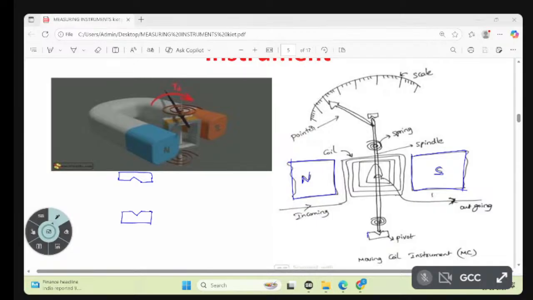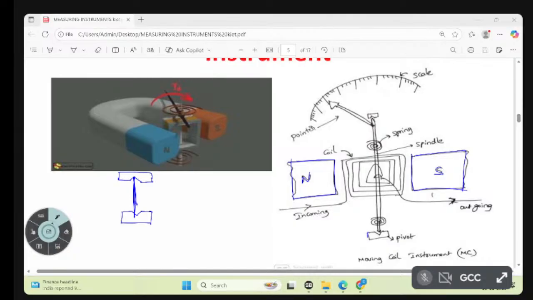In between, we will keep a spindle, like a needle. This looks like a needle. Okay. Spindle, like a spindle. So finally, two pivots. In the pivot, we will keep the spindle.